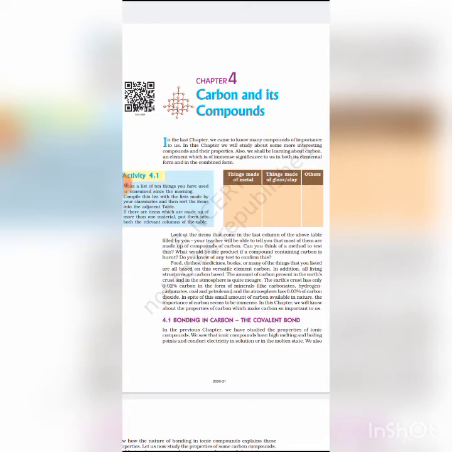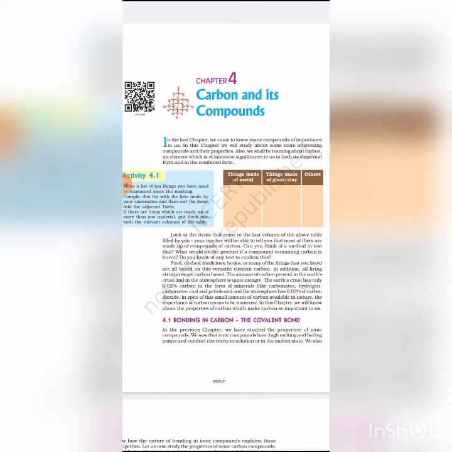Graphite is a greenish black and opaque substance, but diamond is a transparent substance. Graphite is lighter than diamond and is soft and slippery, but diamond is the hardest substance, we know that.